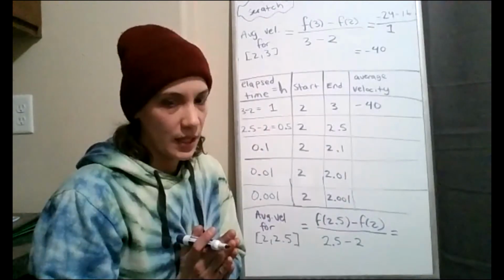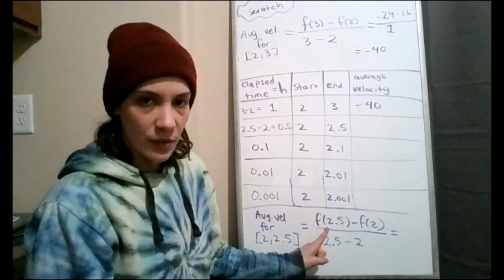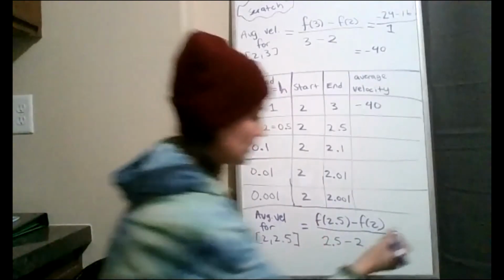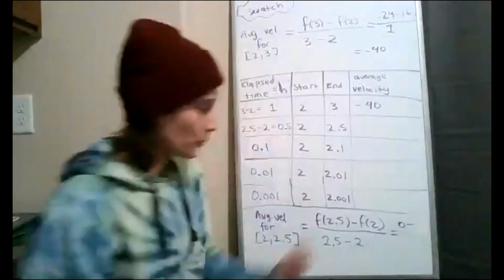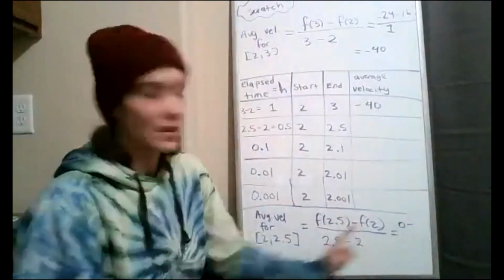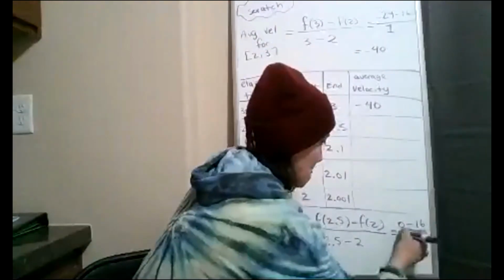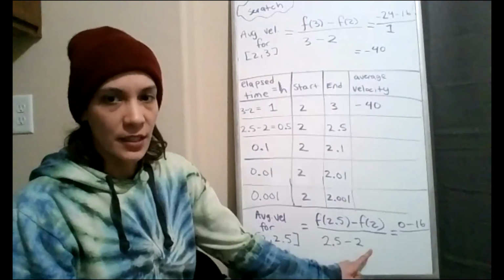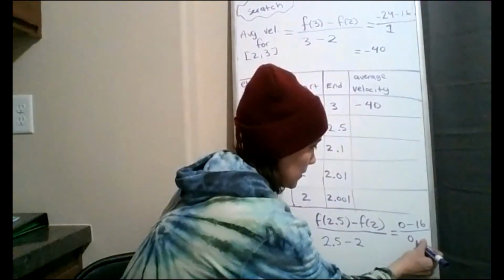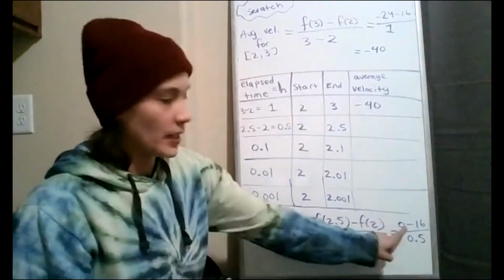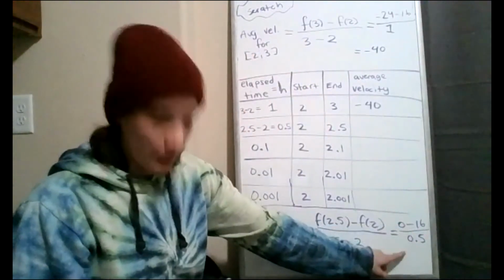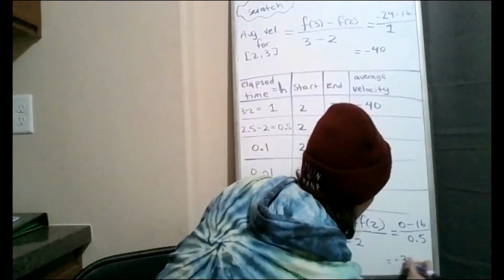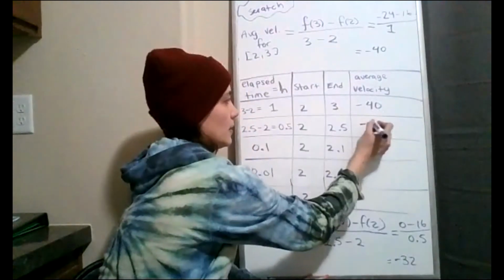I'm just going to tell you what numbers I got. Plugging in 2.5 to the function f, you get 0 out. We found this number, it was 16. And this is a difference of 0.5 in the denominator. So negative 16 divided by 0.5 is equal to negative 32.